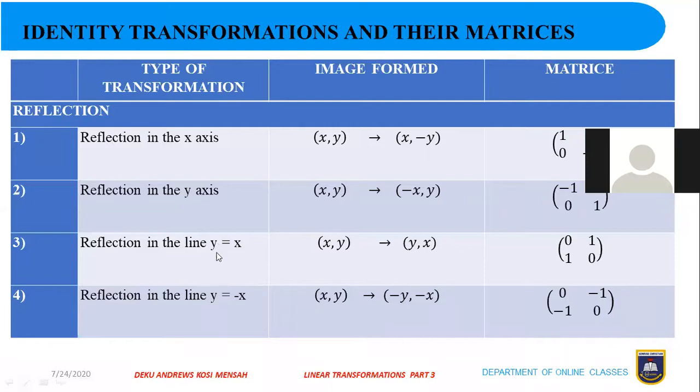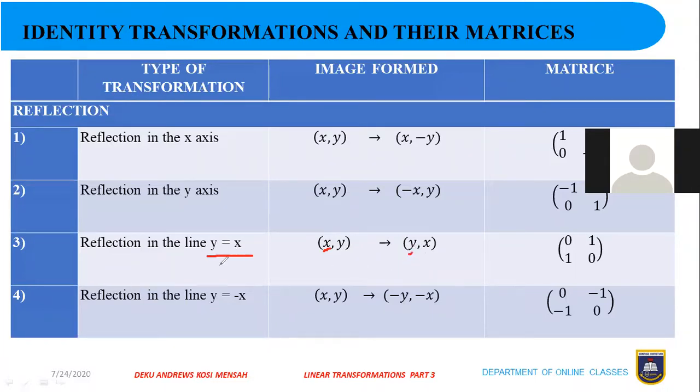What does that mean? If you have y equal to x, let's look for the value on the horizontal axis. That means we should solve for x. If you solve for x in this equation, then we are getting x equal to y. So in place of x, you put y. So this is our x, and the image is now going to give you the y.